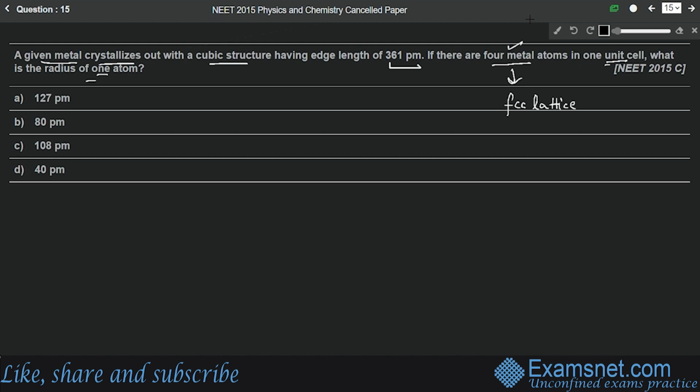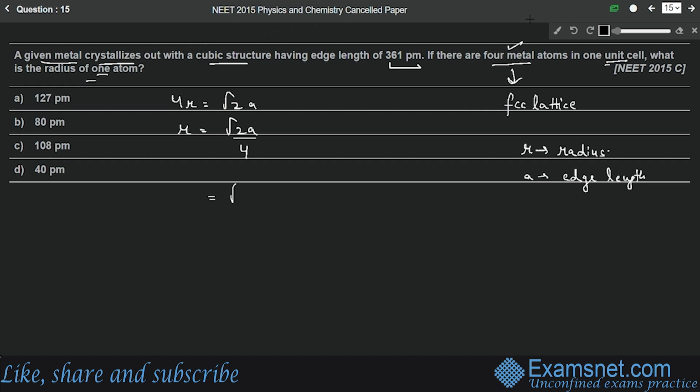And we know that in FCC lattice 4r is equal to root 2a, where r is the radius of the atom and a is the edge length. We have to find out the radius of the atom r. So that will be equal to root 2a upon 4. Okay.